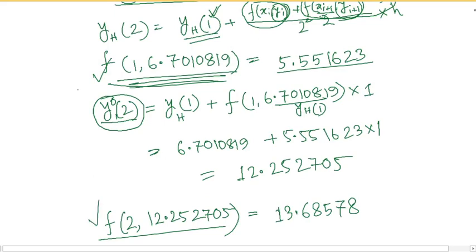So I will be taking the average of these two to predict the Heun's value at 2.